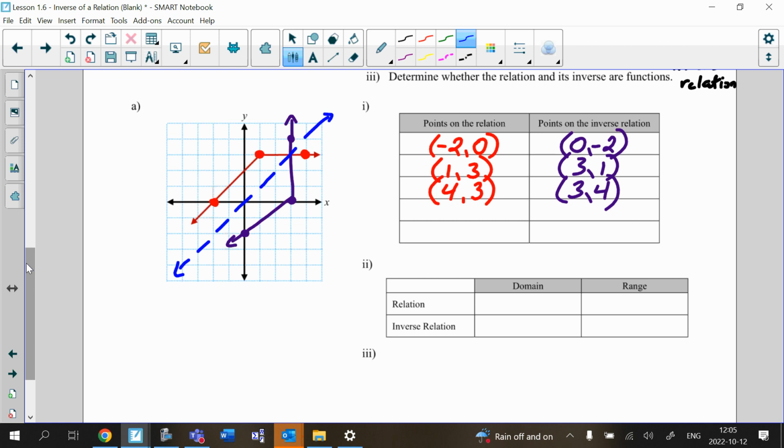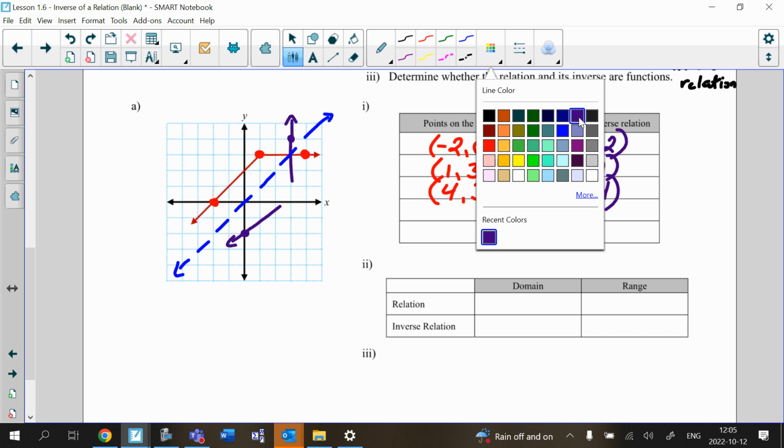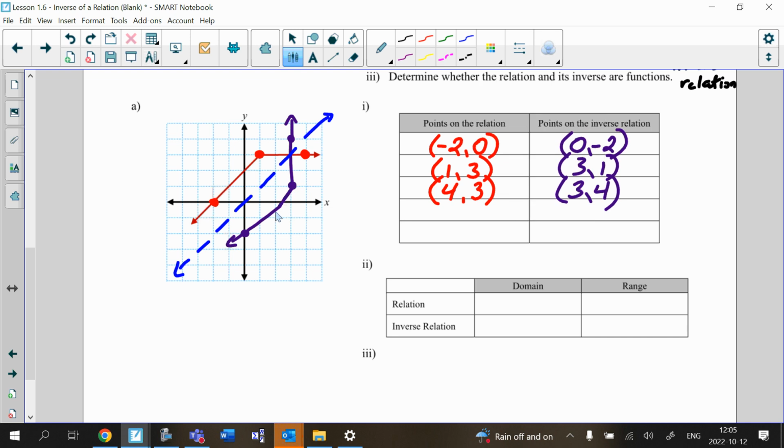Before we move on to domain and range, any invariant points that you see that didn't change when I flipped and found the inverse? It stayed where it was? Yeah, good.